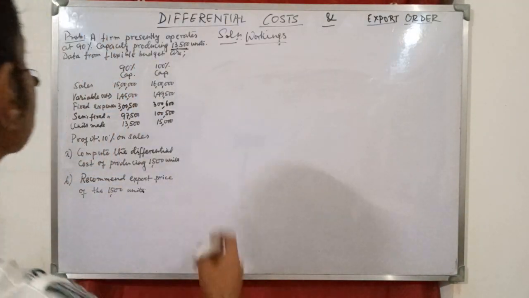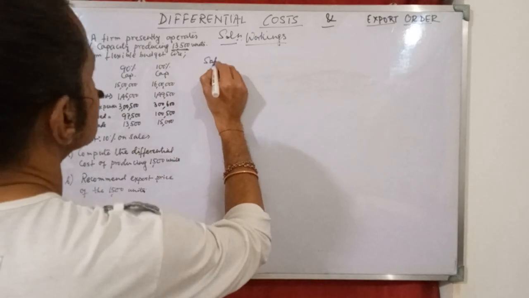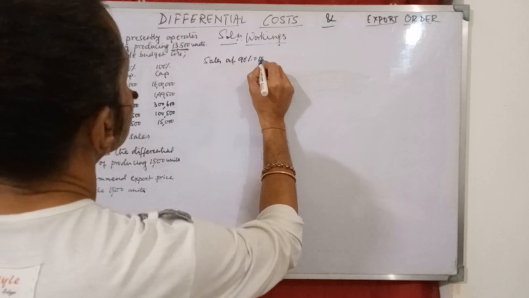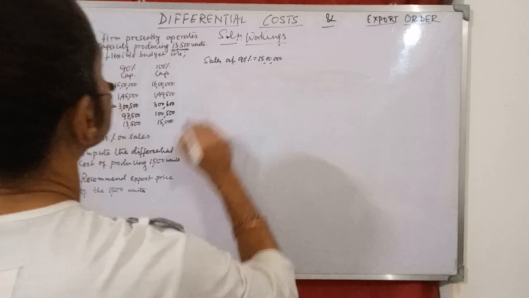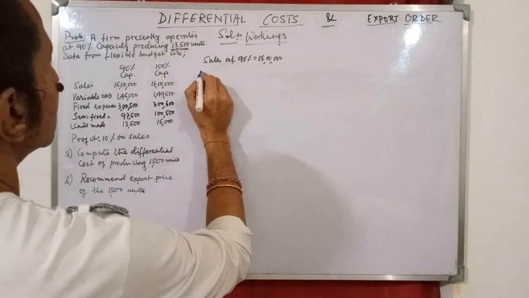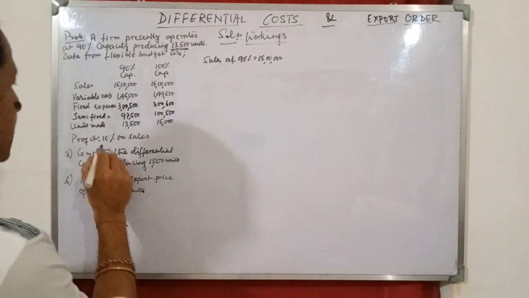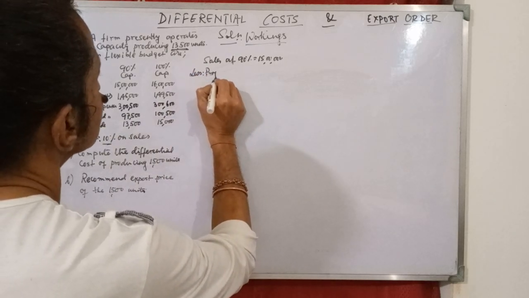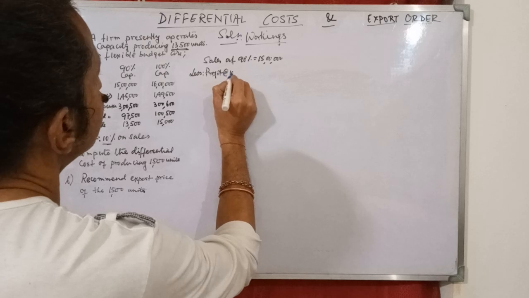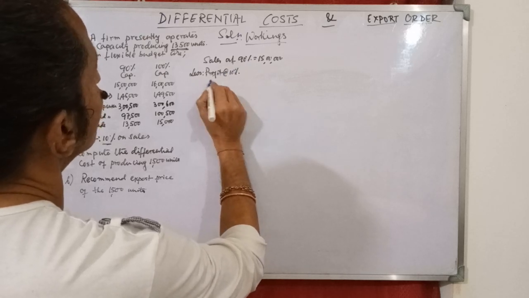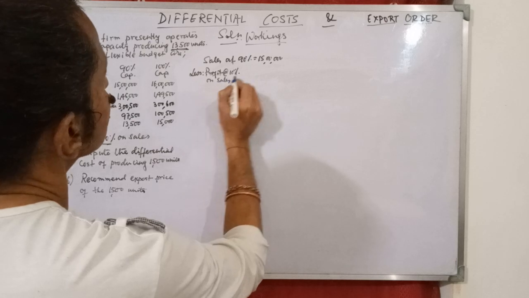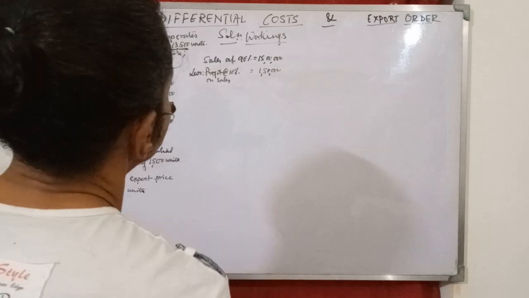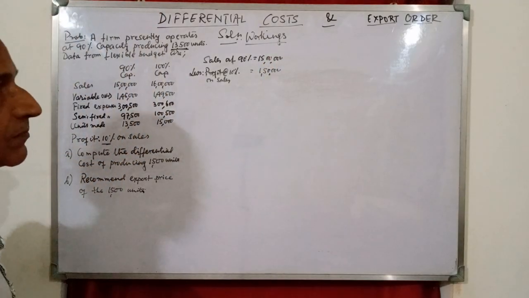How? See, sales at 90% is equal to 15 lakh. Now the firm is earning a profit of 10% on sales, so less profit at the rate of 10% on sales is equal to 1,50,000. 10% of 15 lakh is 1,50,000.